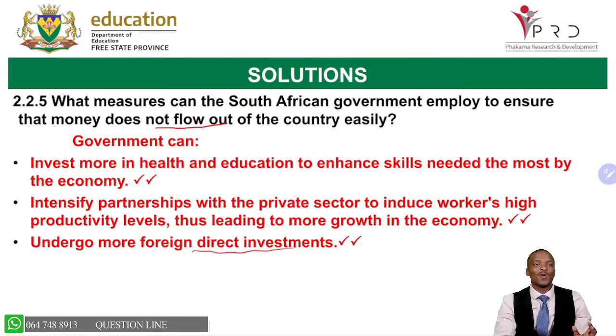What we mean by foreign direct investment is that what South Africans are buying from other countries, let it be produced in South Africa. So we attract those companies that are outside to come and start their own businesses in South Africa. In that way, the goods and services that are usually demanded by South Africans are available, to the point where they don't even need to import them. If they are produced in South Africa, then it's easy.